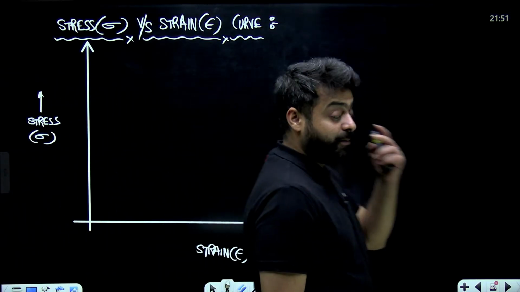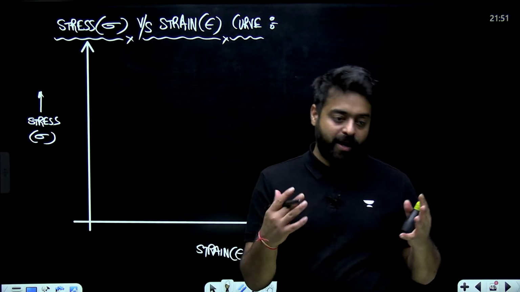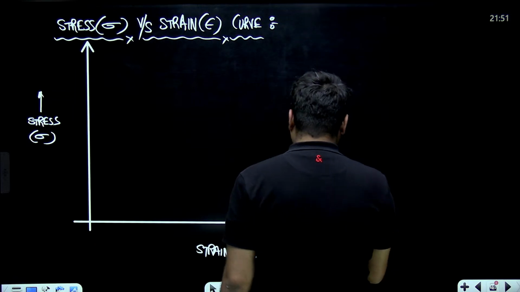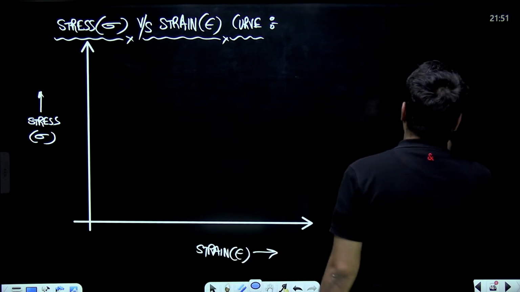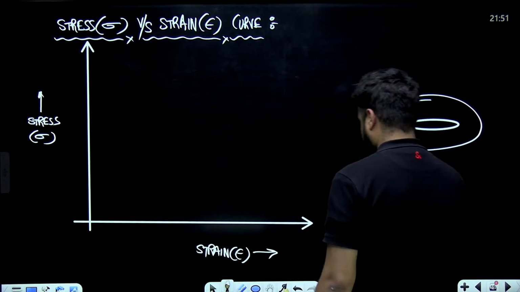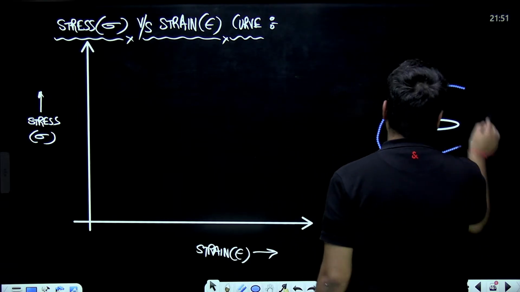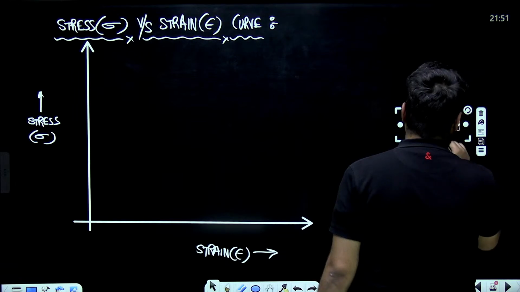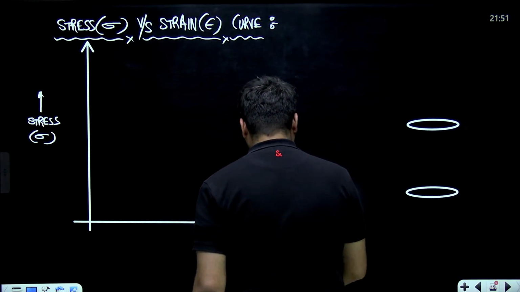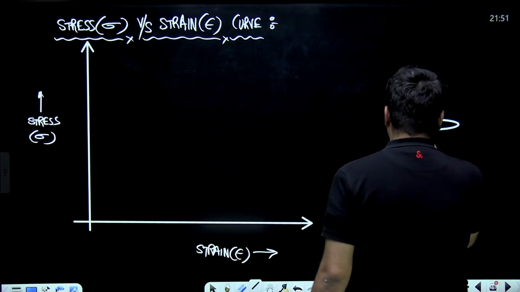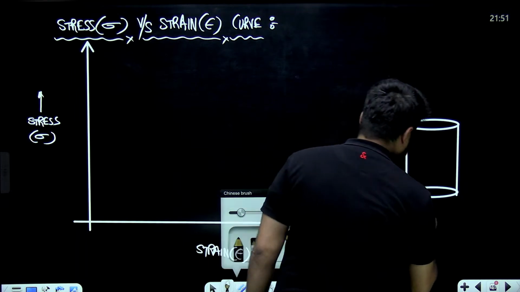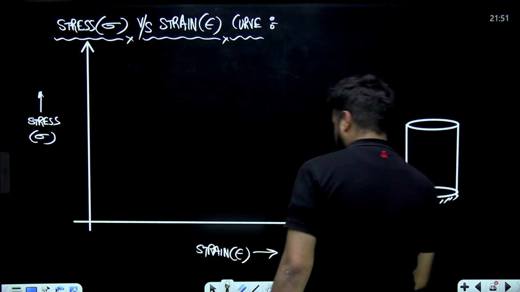It is purely experimental. I'll show you the setup also if you want to see it. The setup is like this: there's a rod being placed. The one end of the rod is fixed.